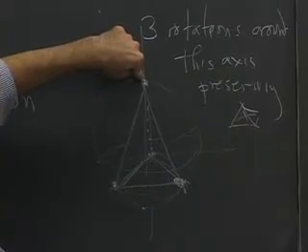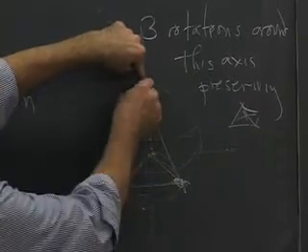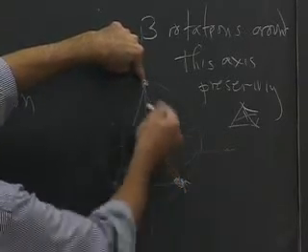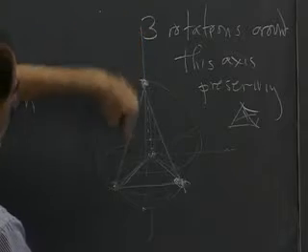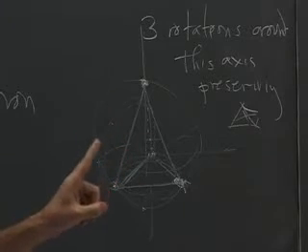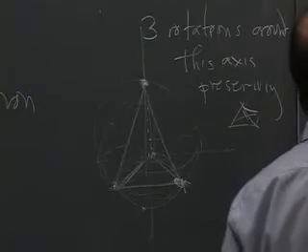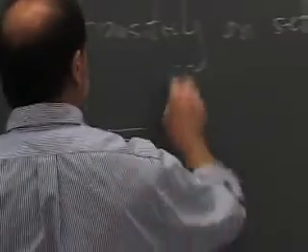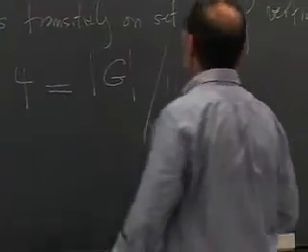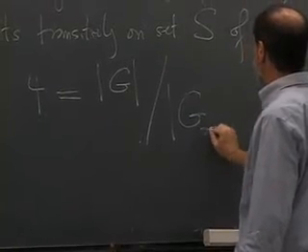And if I want to show that these 3 vertices are in the same orbit as this vertex, I take, say, rotation around this axis, and that permutes these 3 vertices transitively. So I can get from any vertex to any other vertex with some element in this group. Okay? So that's the transitive action. So therefore, 4 has to be equal to the order of G divided by the order of G stabilizing a vertex.